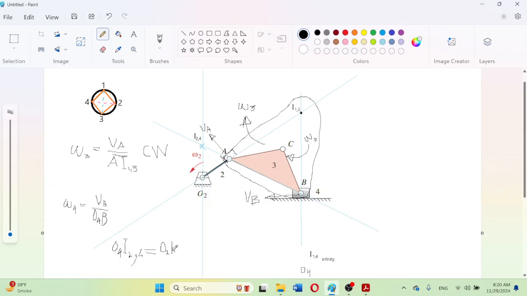Actually I am using just a mouse pad, so I am not able to write it clearly.